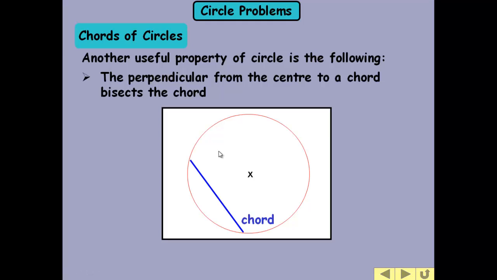Okay, I'll draw this before I explain it. If we've got a perpendicular from the centre of the circle that goes through a chord, then if it's perpendicular, in other words if it makes a 90-degree angle, it will bisect the chord. So these two lengths are the same.